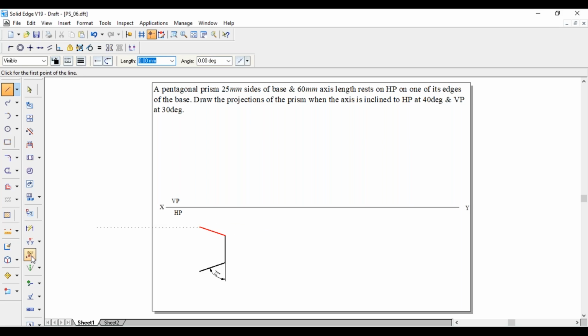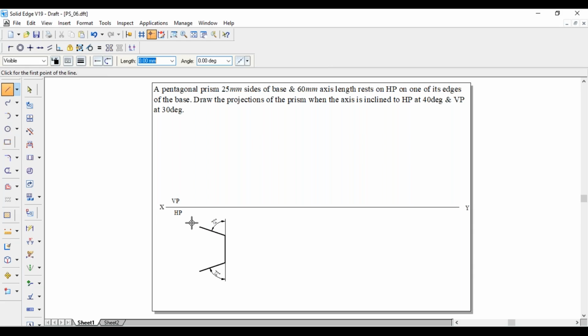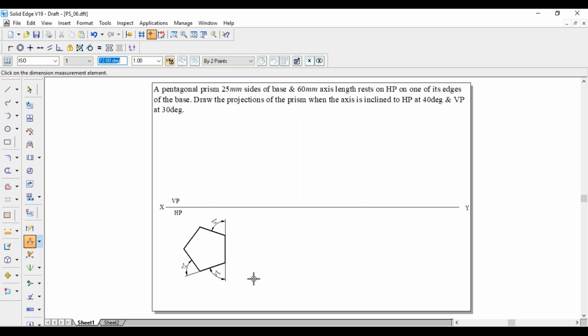This is also 72 degree. Now from this standpoint, 25. This angle also 72 degree. So while drawing, we have to maintain these angles.